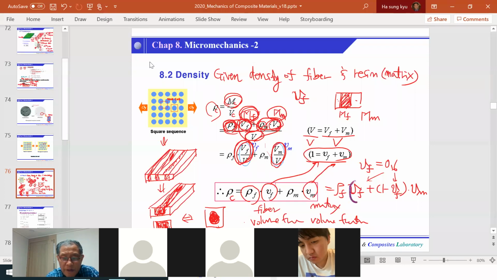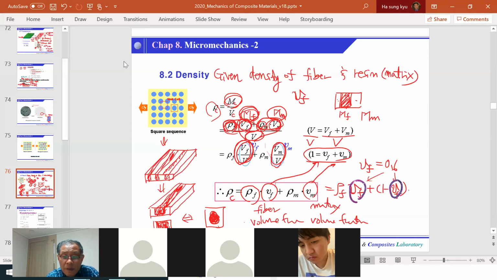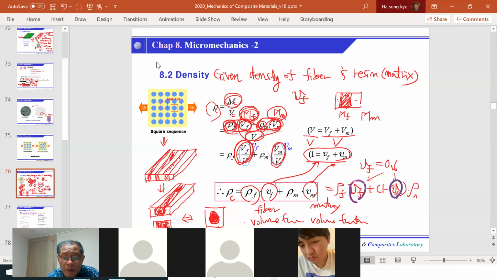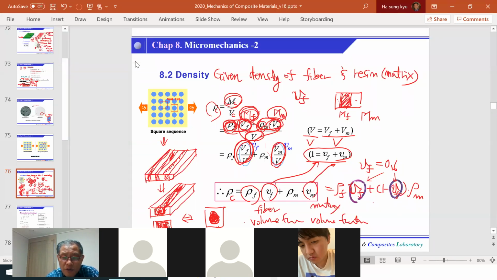You know, V_F is a very important value. So sometimes we like to measure or calculate V_F from a unidirectional composite.